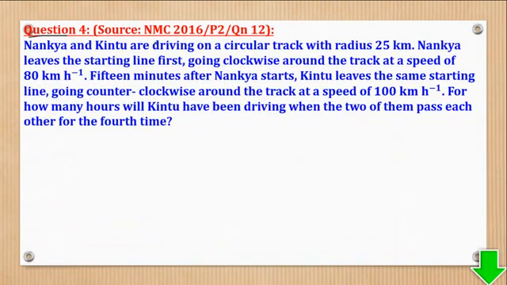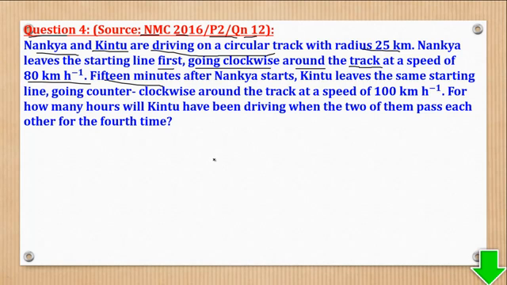So question 4 came from National Math Contest of 2016, paper 2, question 12, and says, Nancha and Chintu are driving on a circular track with radius 25 kilometers. Nancha leaves the starting line first, going clockwise around the track at a speed of 80 kilometers per hour. 15 minutes after Nancha starts, Chintu leaves the same starting point, going counterclockwise.